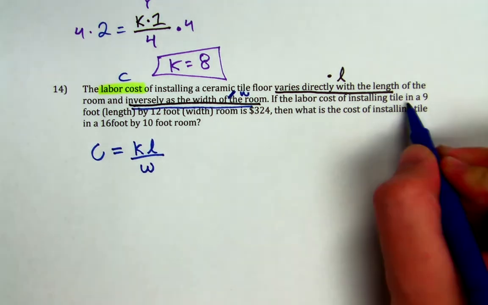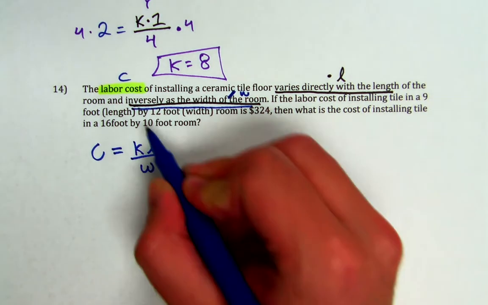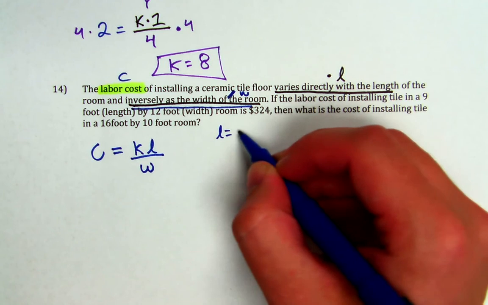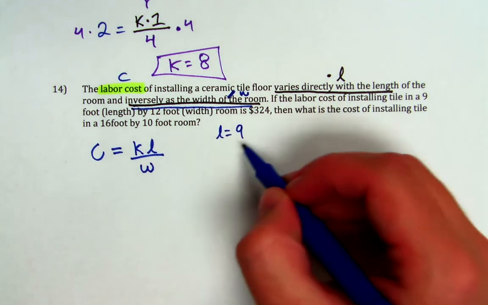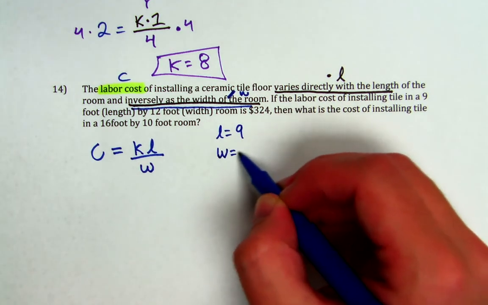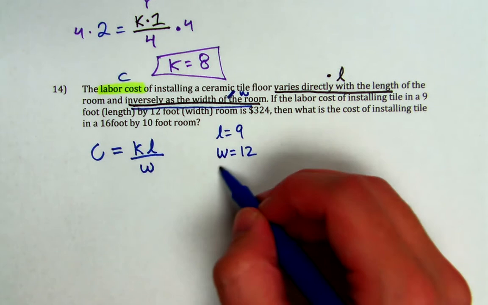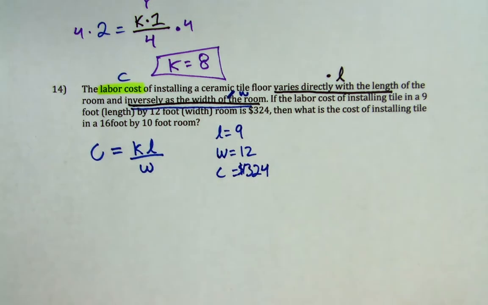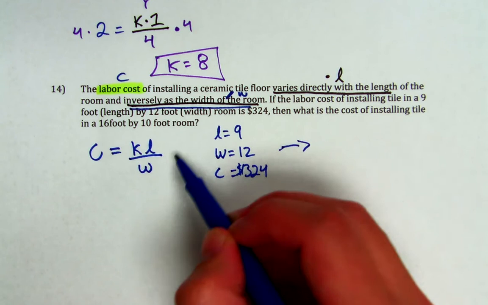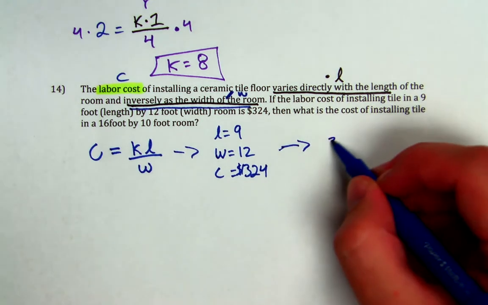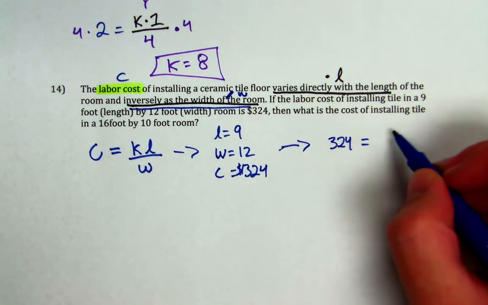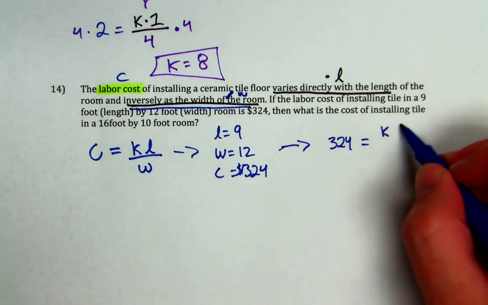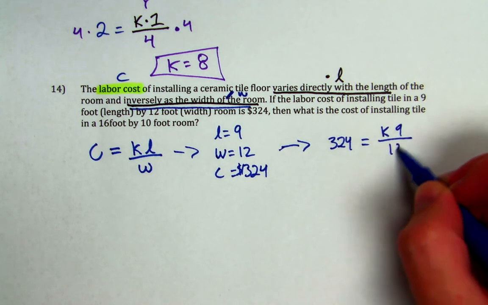Now, it says, hey, labor cost of a 9-foot length, so L equals 9, and 12 width floor, the cost is $324. So now, put that into your equation. 324 equals our constant times the length over the width.